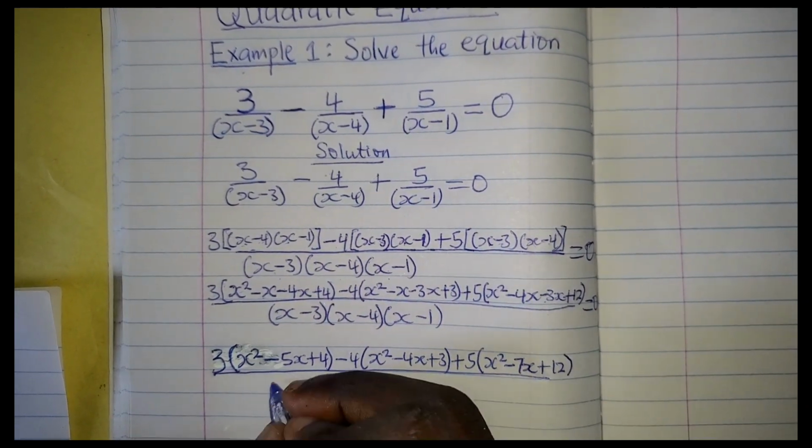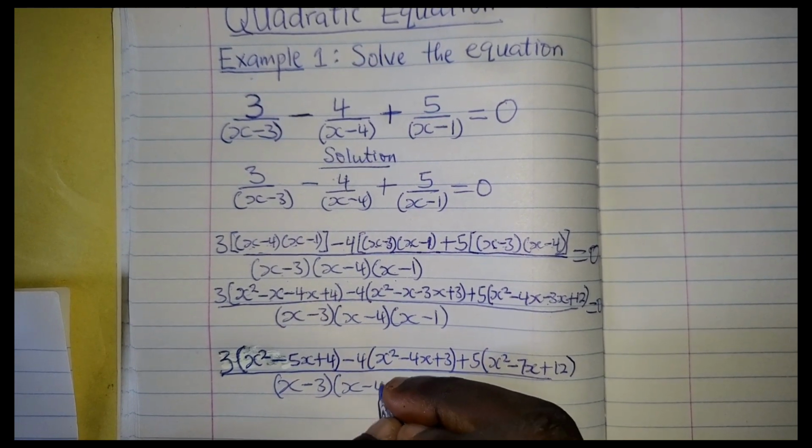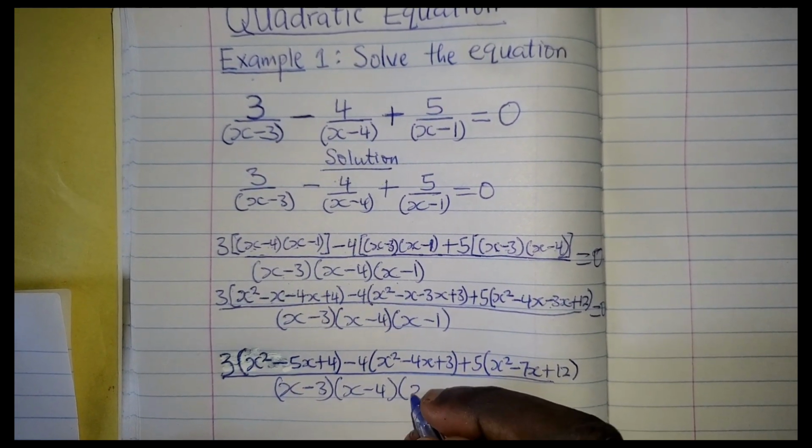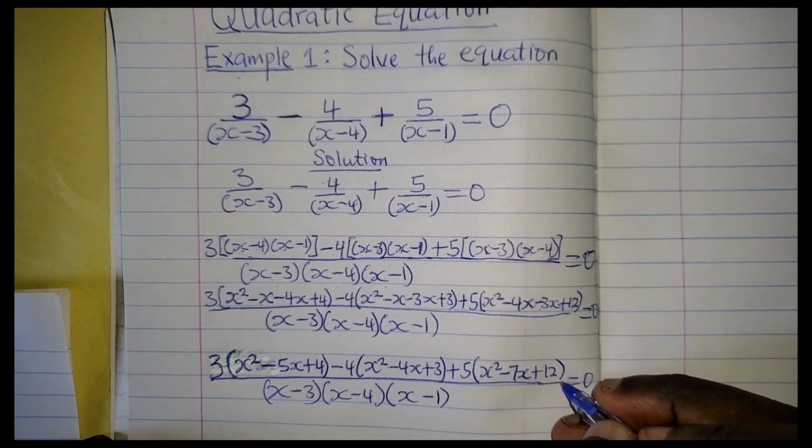Everything all over x minus 3, x minus 4, x minus 1. Everything equals to 0 here.